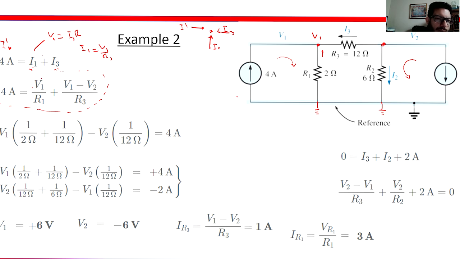Okay, just rearranging, you have V1 times 1 divided by 2 plus 1 divided by 12, minus V2, which is this, equal to 4. Oh, but one question is, we have two nodes and two unknowns.